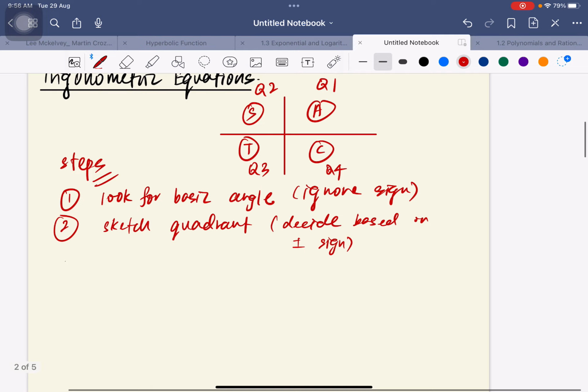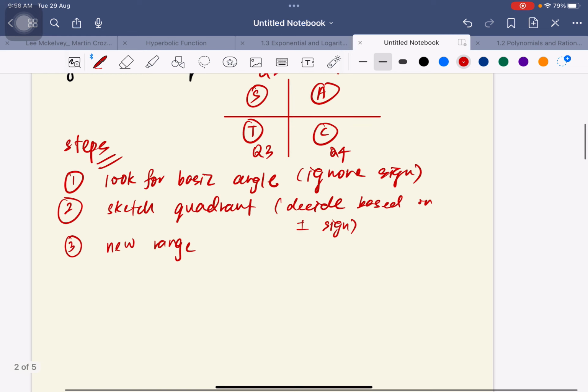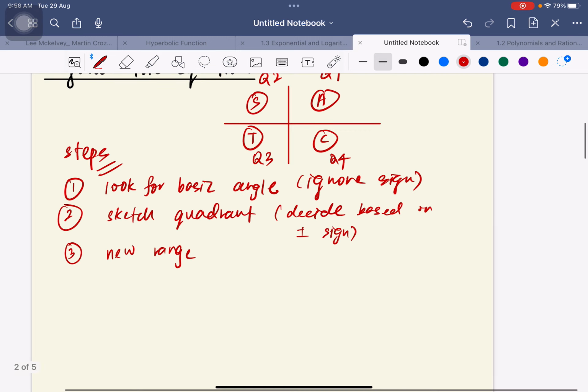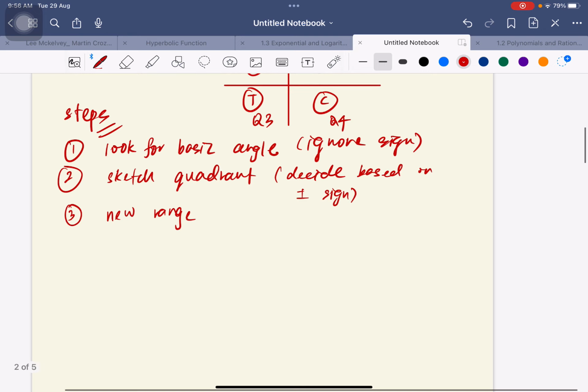And the third step, we find a new range, because sometimes the question gives us terms of 2 theta or 3 theta, so we need to be careful with the range, or domain, given by the question. For example, cos theta equals 1/2.